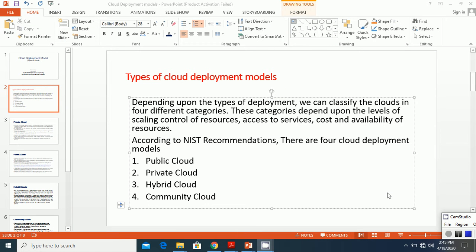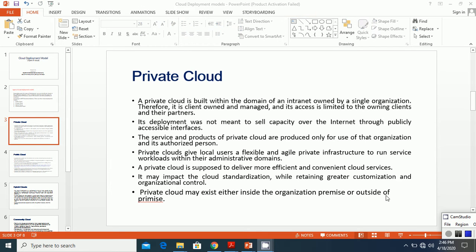These categories of cloud deployment depend upon the level of scaling, control of resources, access of services, cost, and availability of resources. So the first one is the private cloud.